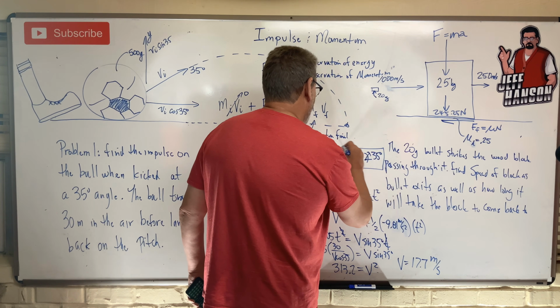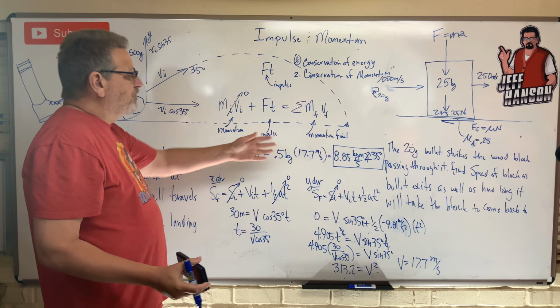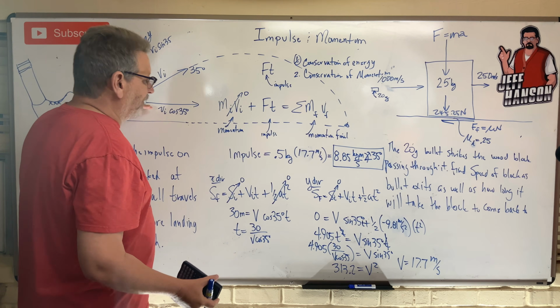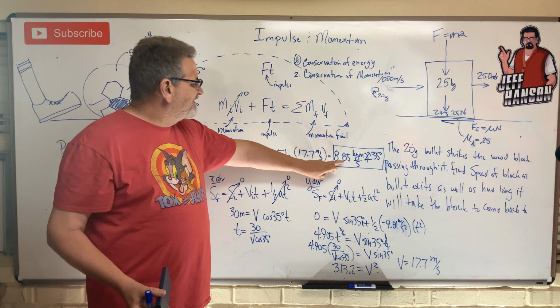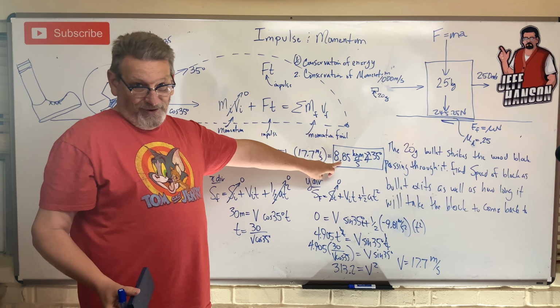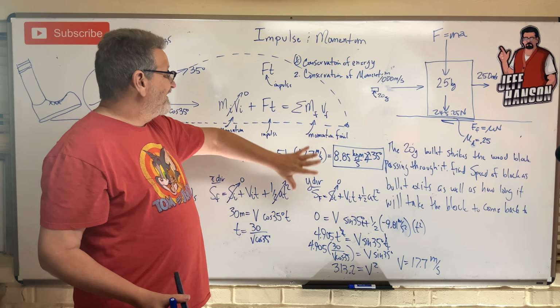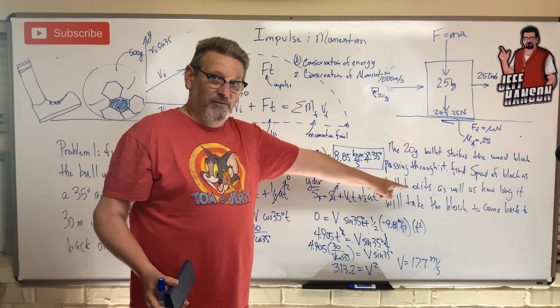And now that's complete. If you wanted to, you could break that into components and tell how much of the impulse is in each direction, but this is at 35 degrees. All right, I hope that makes sense. That's way number one. Let's erase this and see if we can do way number two.